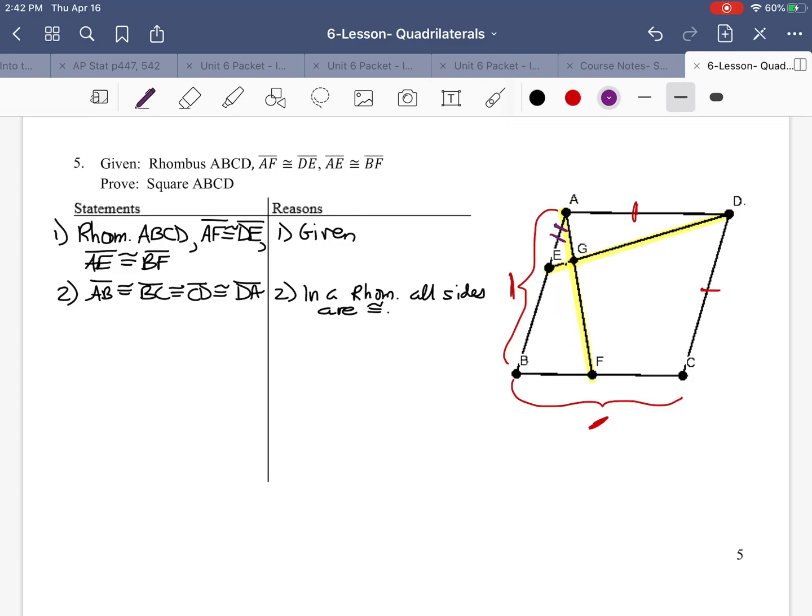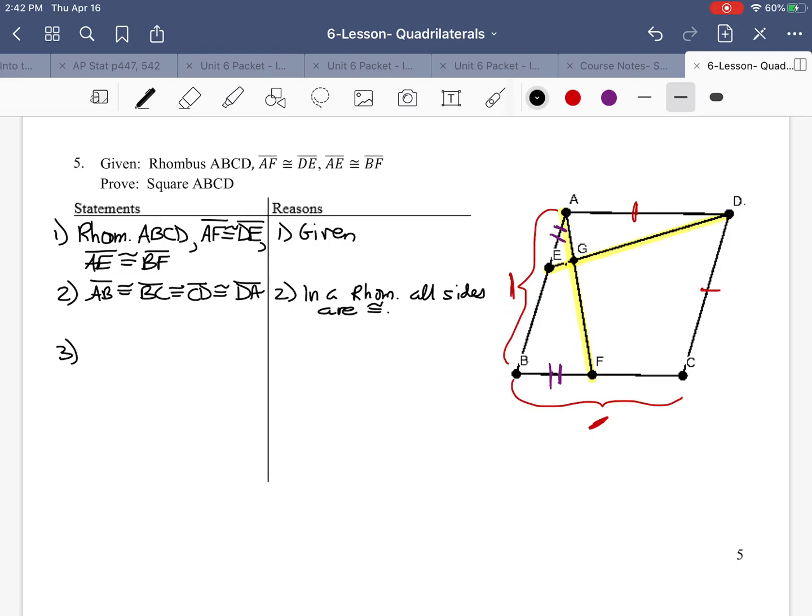I'm just trying to think how I want to denote that. 2 tick marks here and here. Okay, so it's hard to see, but what we just got out of this are 2 congruent triangles through the side, side, side axiom. All right, so we can make a note of that.